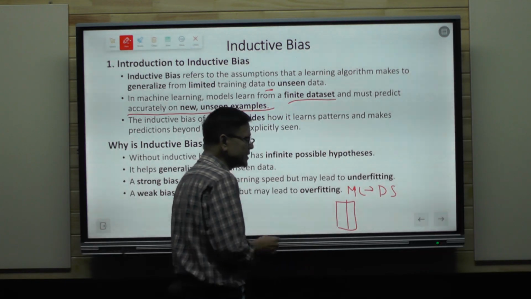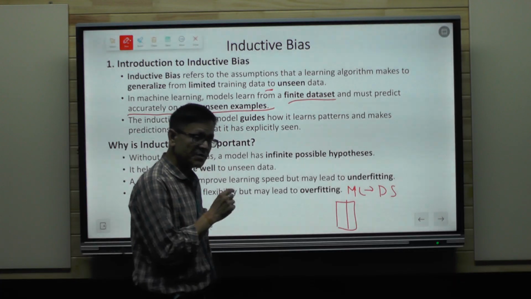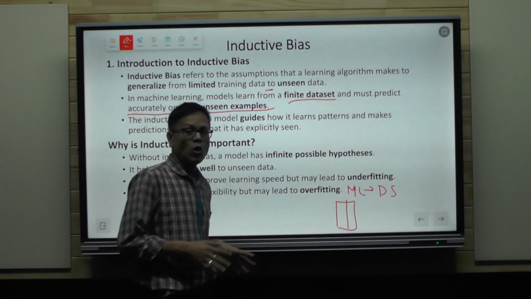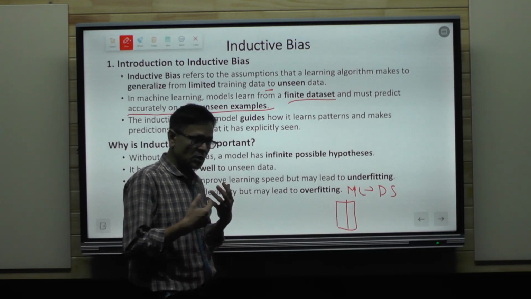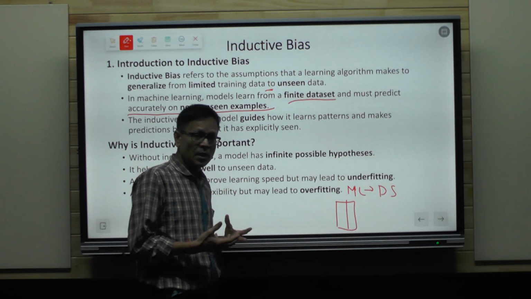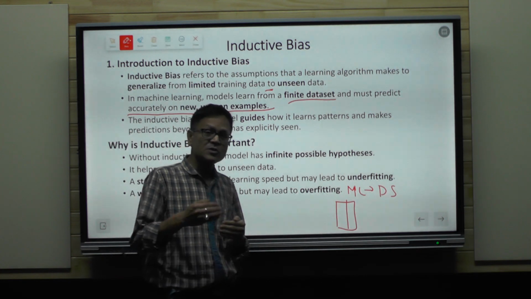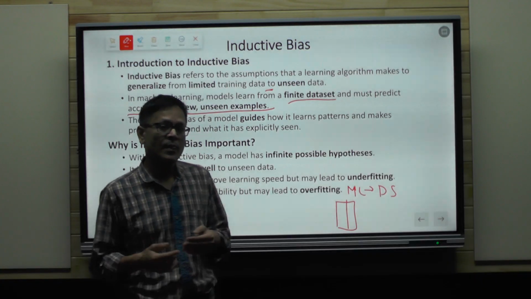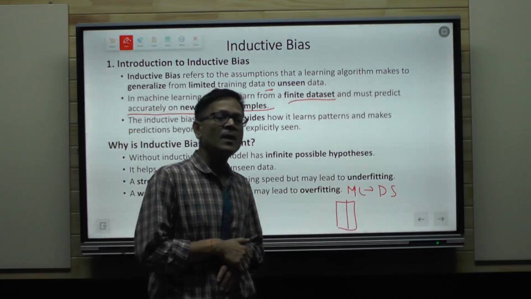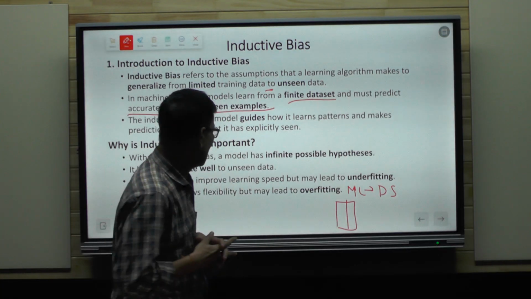It is possible that this data set may not have certain records. If those records come to your model, then for that model it is totally unforeseen data, and in that condition the model should accurately predict the outcome. That is our goal.